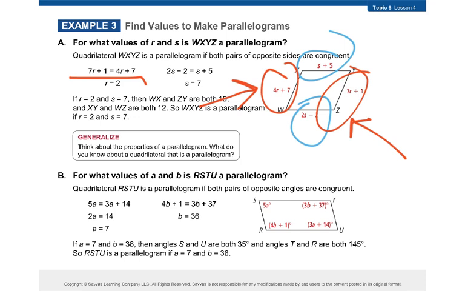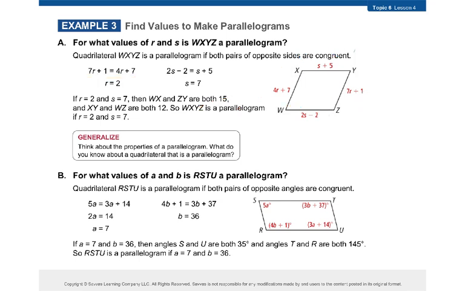It's a multi-step equation, you will get your r. So let's solve. What we are getting rid of first is 1. So let's write 7r plus 1 is equal to 4r plus 7.